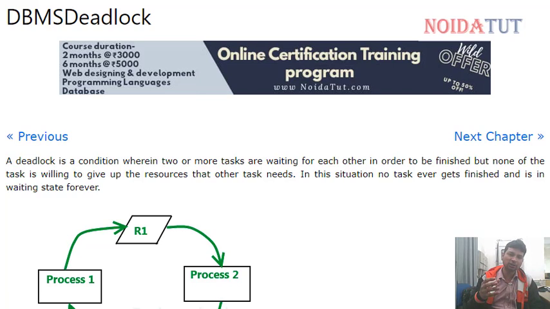Now, deadlock is a condition where two or more tasks are waiting for each other in order to be finished, but none of the tasks is willing to give up the resources the other task needs. Now, in this situation, what happens? No task can get finished and is in a waiting state forever.